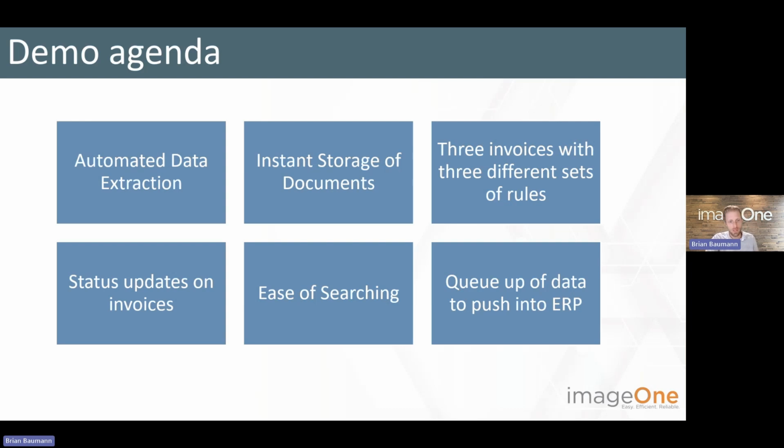I'll show 3 different invoices with 3 different sets of rules behind them, of things that need to happen on those documents based on whatever's coming in. Give you live status updates on where invoices are sitting, of course, ease of searching, as I mentioned before, and then what it looks like to queue up that data to eventually push it into the ERP, integrate that in, and have less data entry from end to end there.